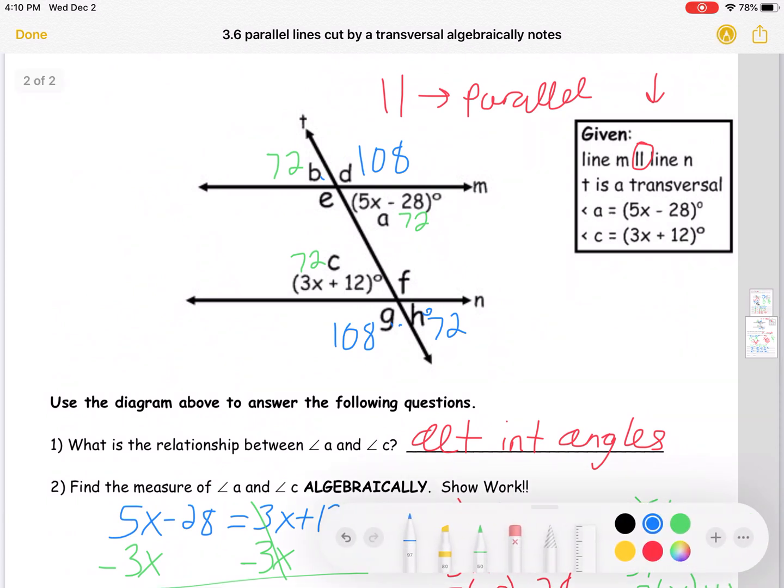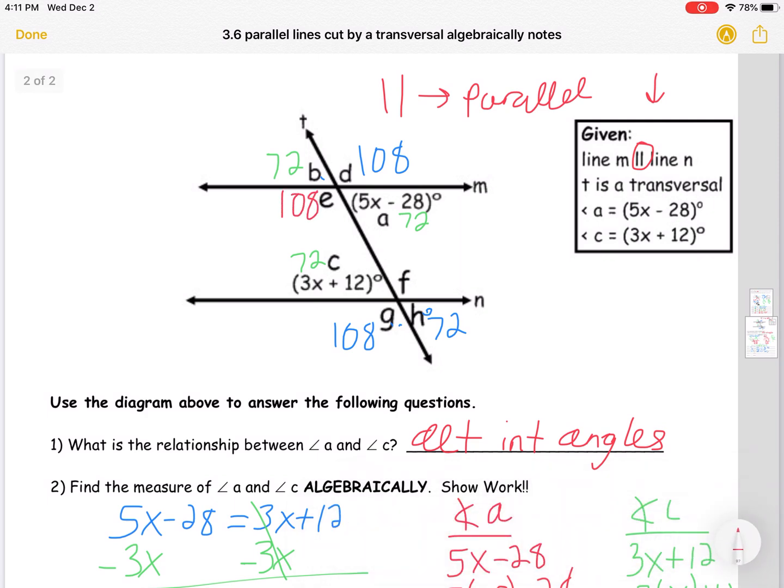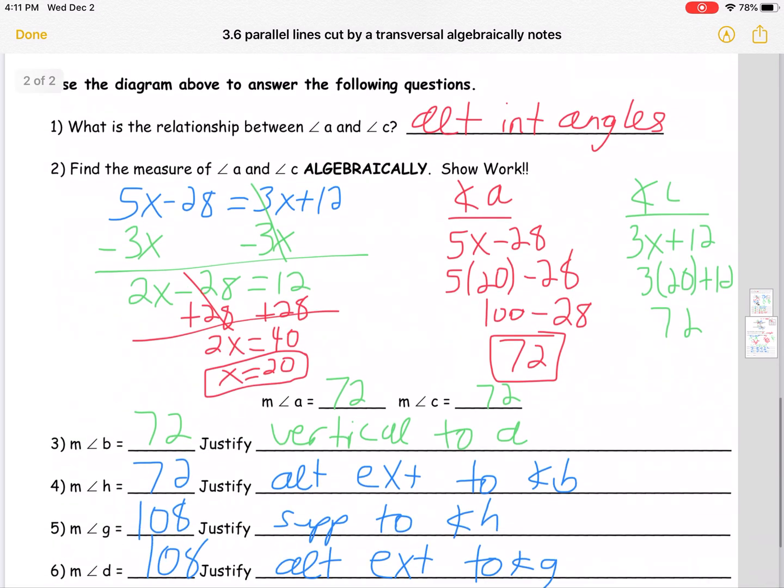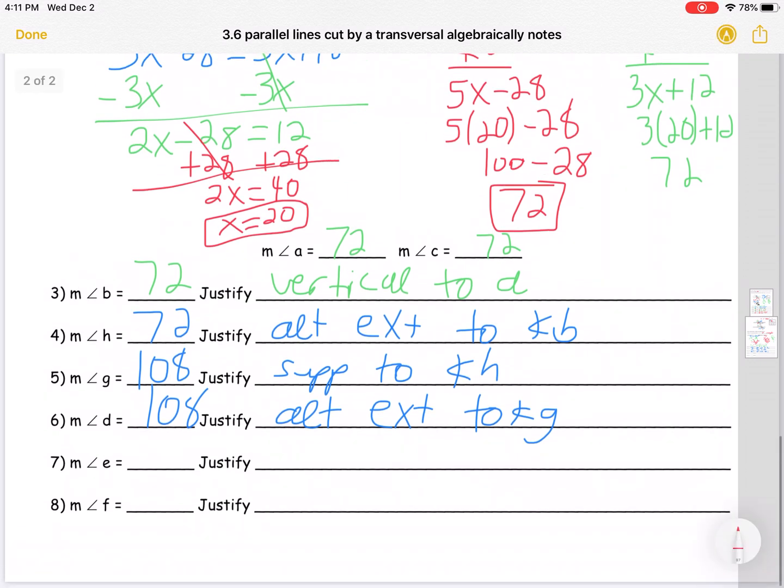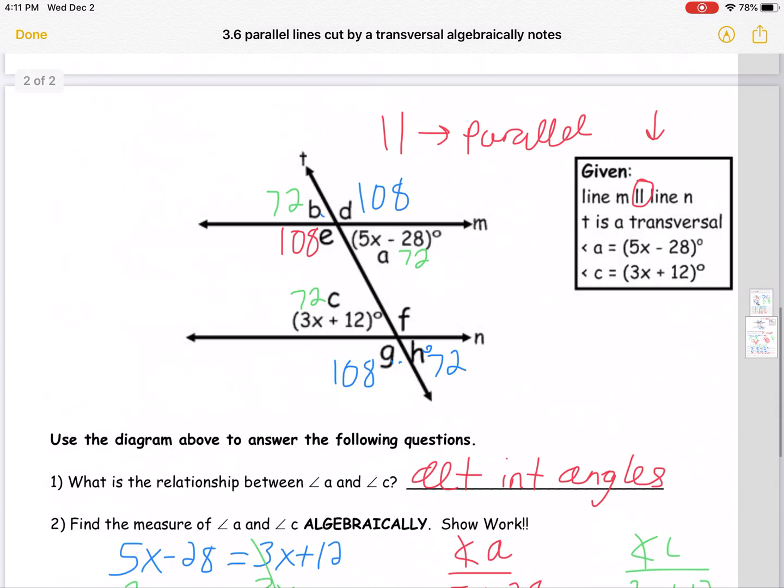There's a bunch of different reasons you can write. I'm going to write that it's vertical to D. So angle E is 108 because it's vertical to angle D.